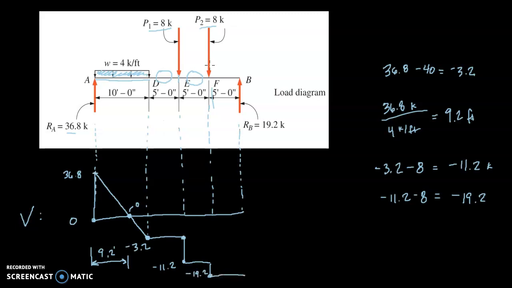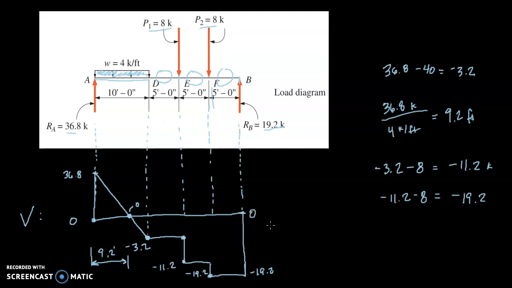And we don't encounter any more loads until we get to the end, support B, where we have a reaction force of positive 19.2. So that's a good sign. That means that I was at negative 19.2. The reaction force is 19.2, so that brings us back up to a value of 0.